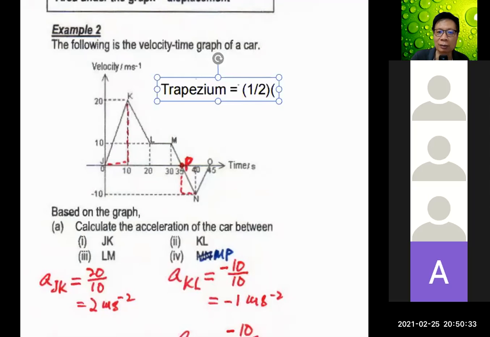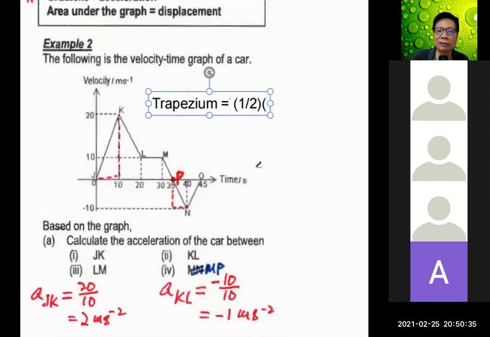Isabel, do you know or not? Area of trapezium, how to find? One half times A plus B times H. Wow, very good. One half times A plus B, then times H, the height.